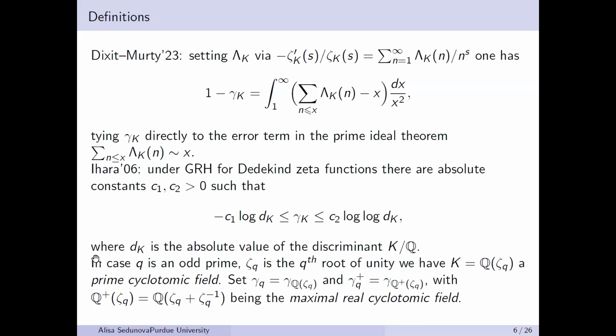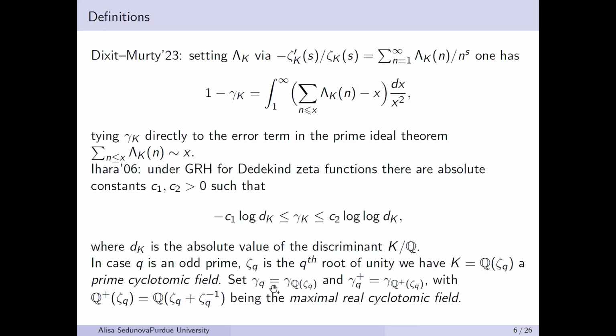Now let's consider some particular cases, because we have a general K, and let's consider some particular families that are probably of more arithmetic interest. In the case when q is an odd prime, we define zeta sub q, and there is a small collapse of notation that typically happens in this literature: zeta sub q is not a zeta function. This is the q-th root of unity. If we adjoin it to Q and write K to be Q adjoin zeta q, then this is a prime cyclotomic field.